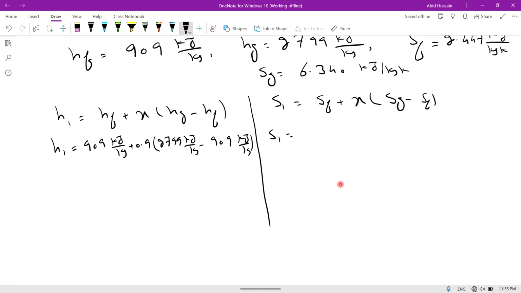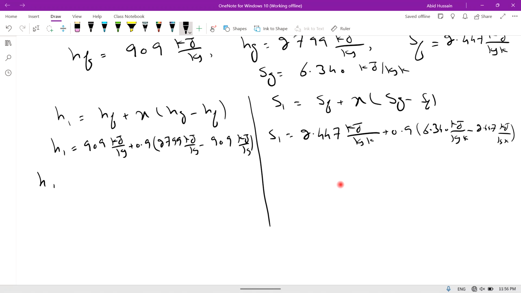Similarly, S1 is equal to Sf, 2.447 kilojoule per kilogram per Kelvin, plus the dryness fraction X, 0.9, times Sg, 6.340 kilojoule per kilogram per Kelvin, minus Sf, 2.447 kilojoule per kilogram per Kelvin.